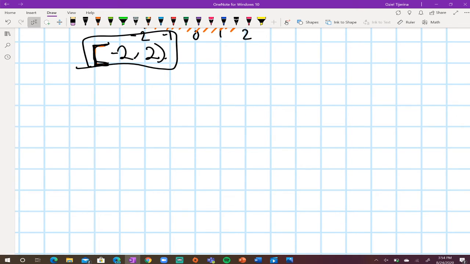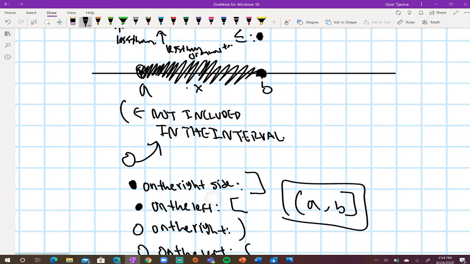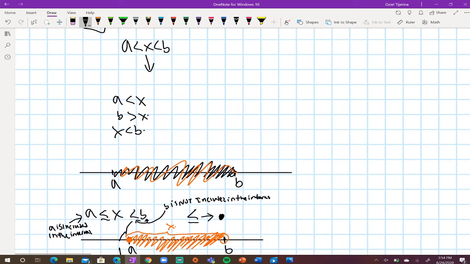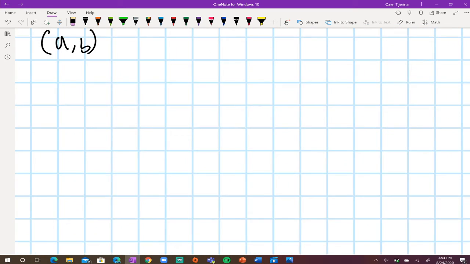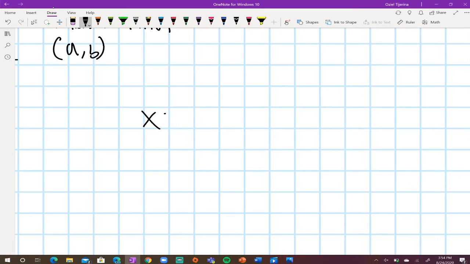Now let's just say we had an interval that says x is greater than 0.